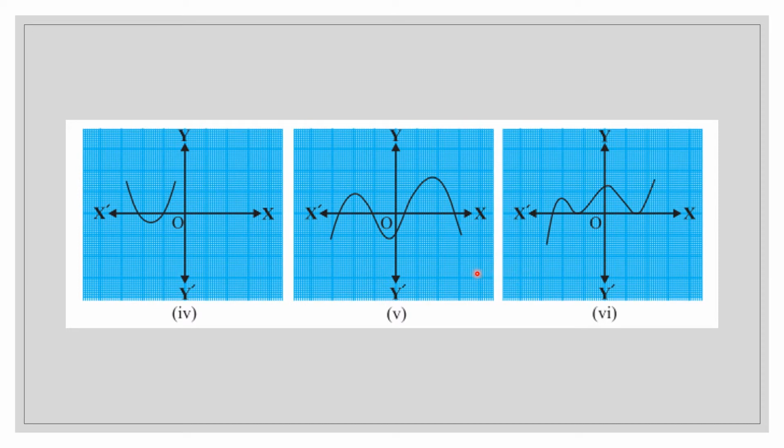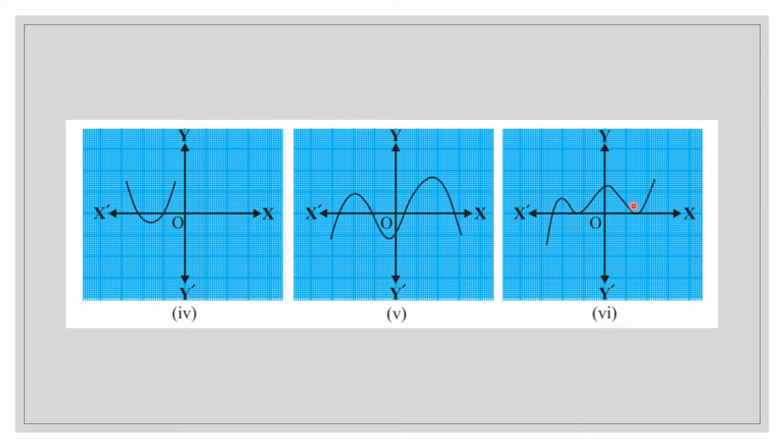So the number of zeros is 4, and we generally call it a polynomial. Any equation which has a power more than 3 is known as a polynomial. There's no specific name. We can just call it a polynomial.